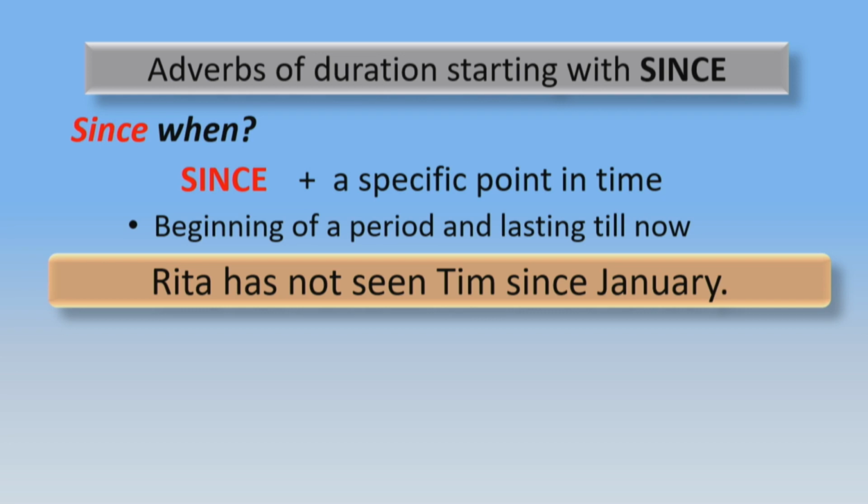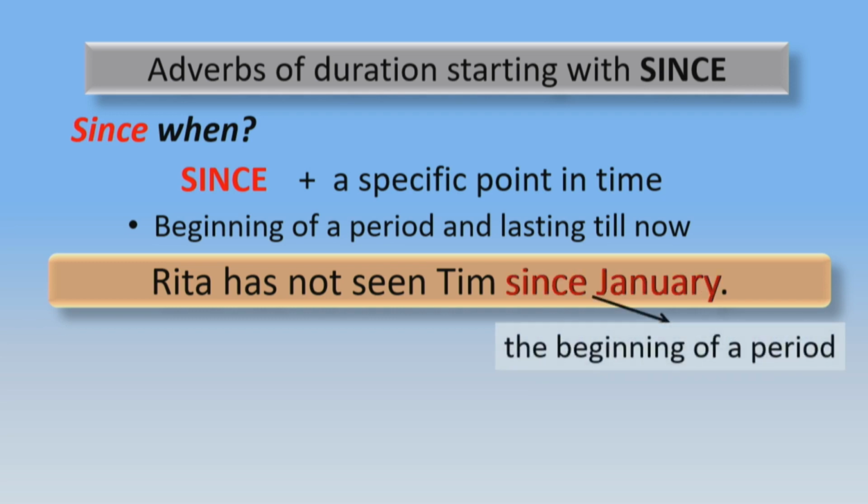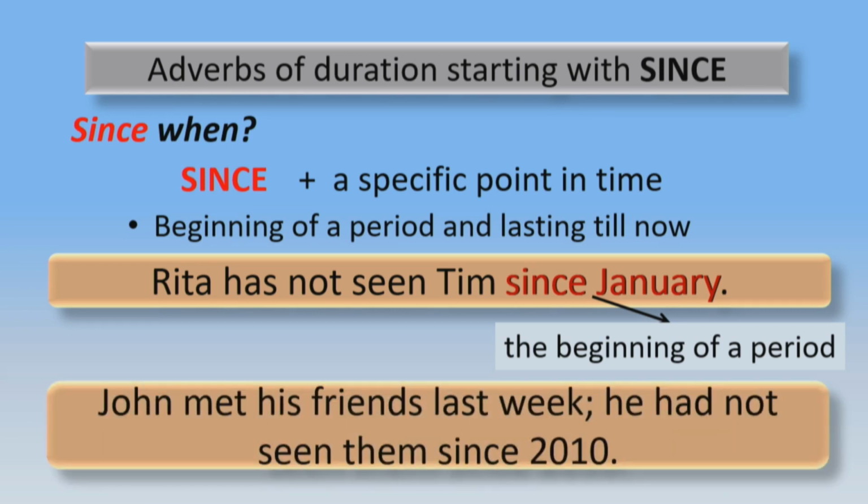January is a point in time. Together, since January means that Rita has not seen Tim from January till now. So, since marks the beginning of a period and lasting till now. John met his friends last week. He had not seen them since 2010.